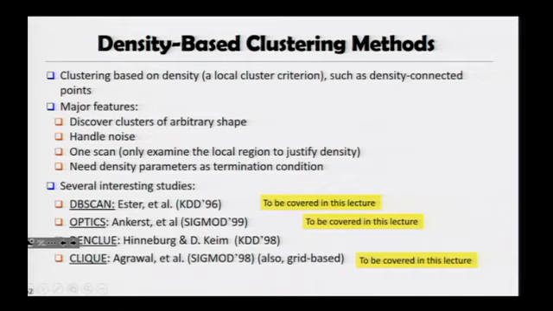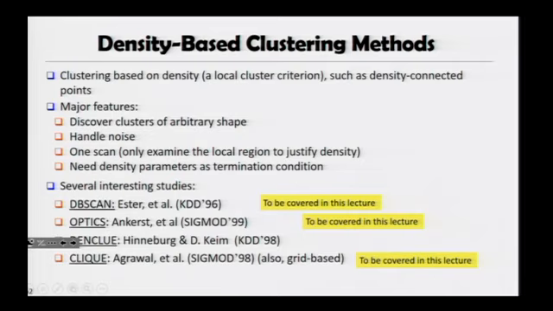The trade-off of this kind of method is that you need to have your own density parameters for those density measures as termination conditions. Along this line of methods, I will give a detailed introduction to DBSCAN and OPTICS. There are also other methods belonging to this category, including DENCLUE, but it's not covered in this lecture.